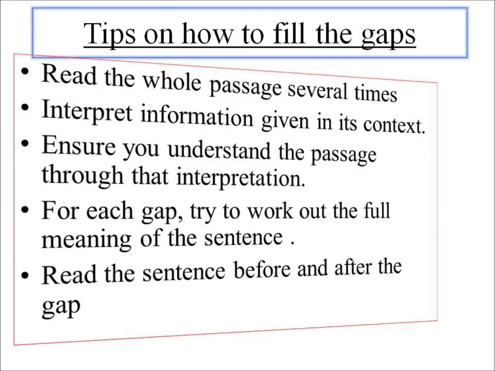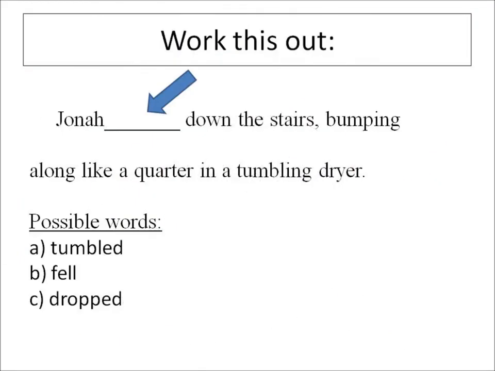Look at this example, and you may try to work it out. Jonah dash down the stairs, bumping along like a quarter in a tumbling dryer. The possible words could be A. Tumbled, B. Fell, C. Dropped.